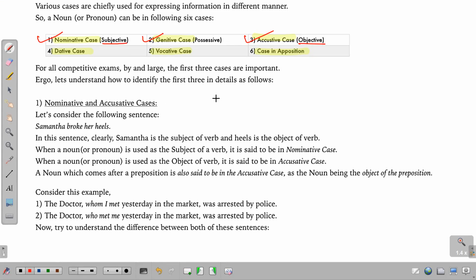So try and remember that subjects are the people who do an action. So they are the doer, they are the agents. While objects are always the people who receive the action.